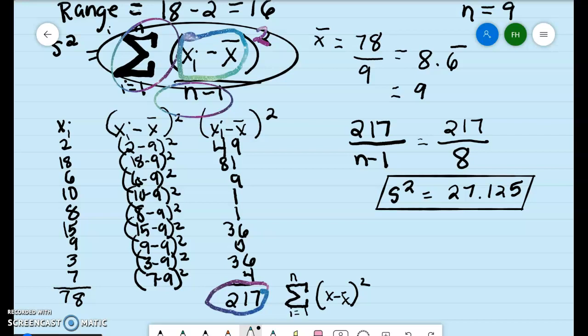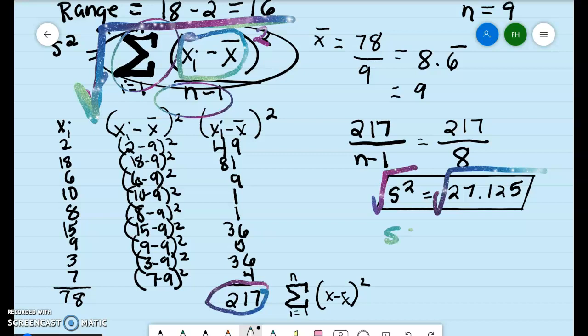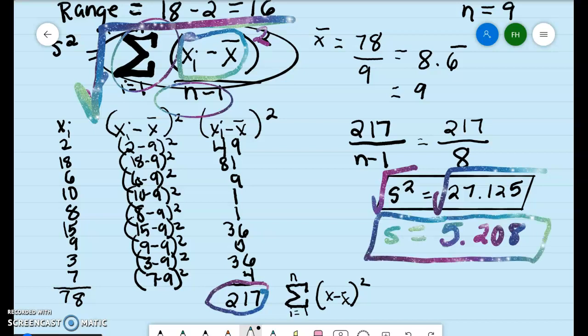So your standard deviation is the formula that we just did, but you put this big square root symbol in front of it. So we just have one more step to get S, which is the standard deviation: take the square root of what we got, which is 5, we'll round it to the third decimal place, 5.208, would be your standard deviation.